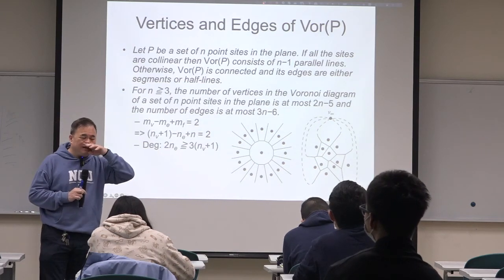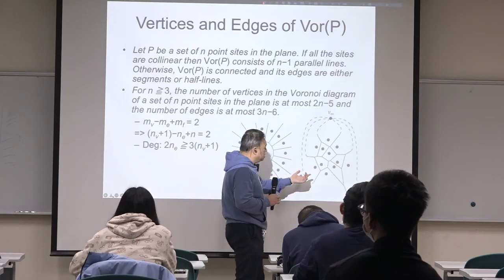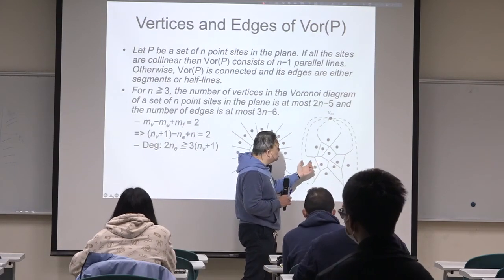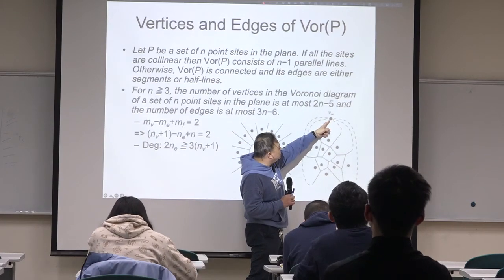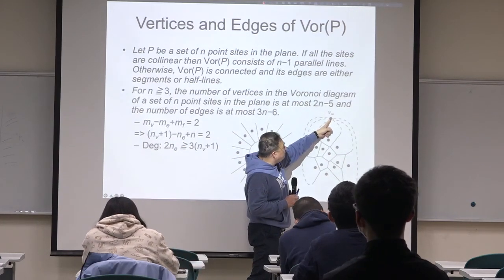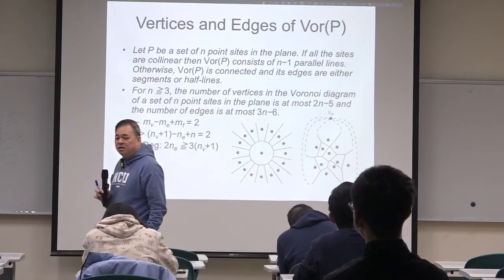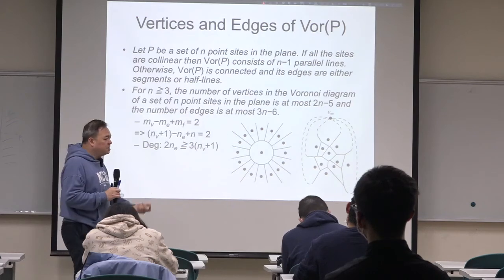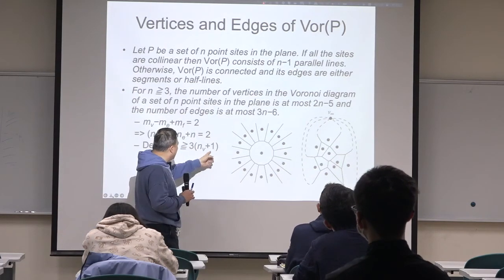So how many vertices do we have? Remember, we have NV, plus the additional node we introduced. This additional node, obviously, its degree should be more than 3 too, but let's still use 3. So you can see NV plus 1 times 3.